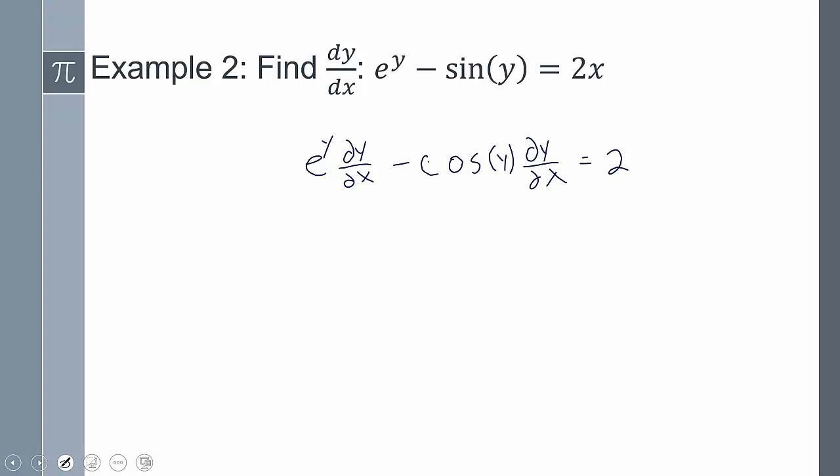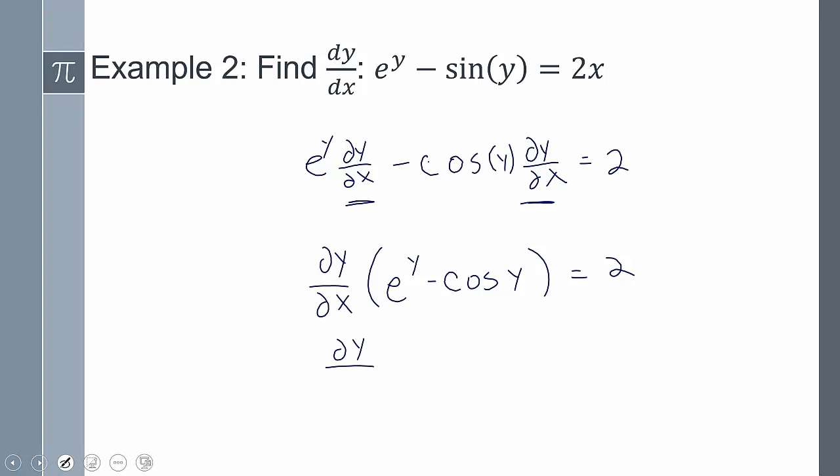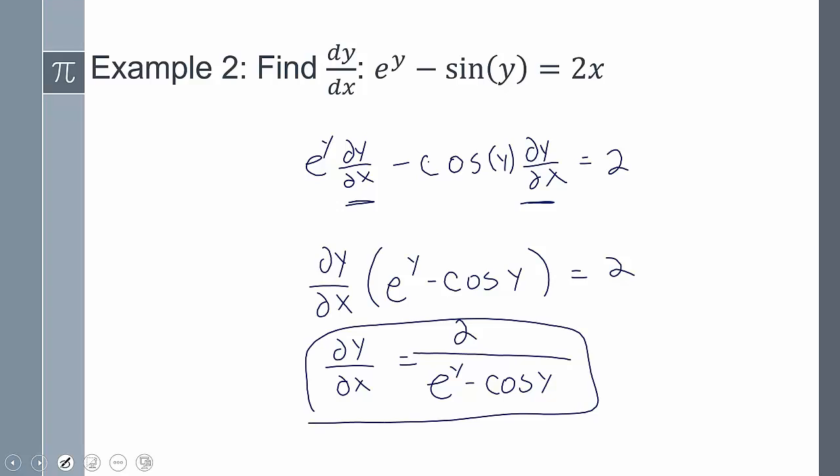Now I need to get dy over dx by itself. Well, if you notice, it's in common here, so I can factor out the dy over dx. Divide both sides by that, so I get dy over dx equals 2 over e to the y minus cosine of y. And that's going to be the derivative.